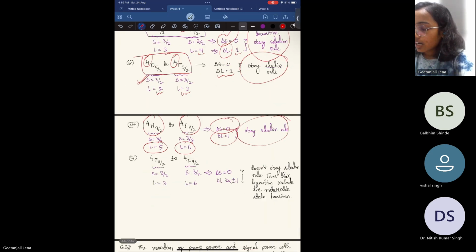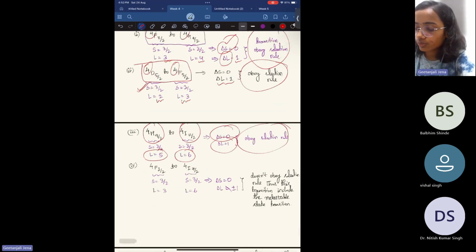Okay. Now if you see the fourth one, the fourth option is 4F 3/2 to 4I 7/2. S is the same because 2S plus 1 is 4 here. So S is 3/2, delta S is 0.